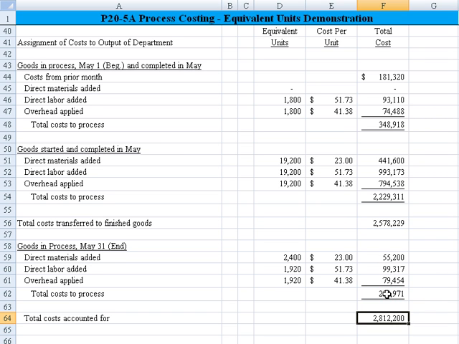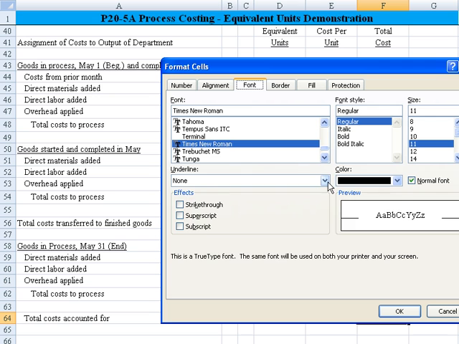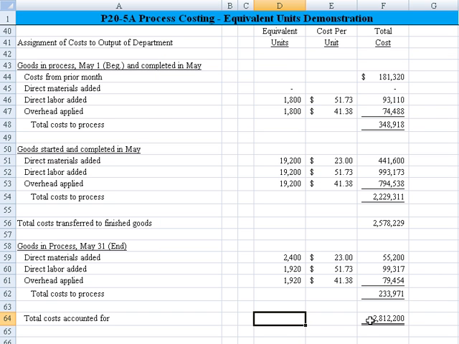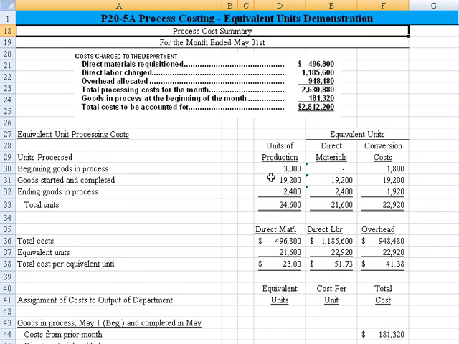And that 2,812,200 we want to format as a, where's my format cells? Right there. I'll just show you what I'm doing. All I'm using is a double accounting underline. Now we do want to make sure that that total cost to account for matched the cost given in the problem. And sure enough, we see it matching to that cell to the left of my mouse right there.